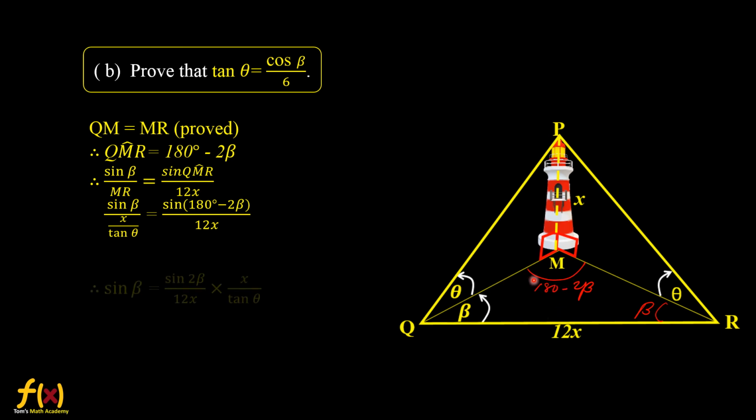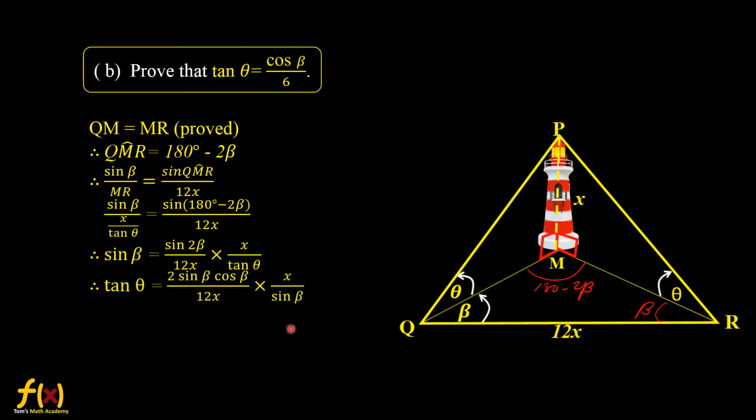Sine of 180 minus 2 beta is sine 2 beta, double angle. We will use our double angle formula here because there is no 2 beta in the question. Now sine 2 beta, which one? 2 sine beta cos beta, only one option. So sine 2 beta is replaced by 2 sine beta cos beta. Now tan theta is simplified, sine beta cancelled, x and x cancelled, 2 into 12 is 24, leaving 6 on simplification. So we get tan theta equal to cos beta over 6. And we come to the answer.